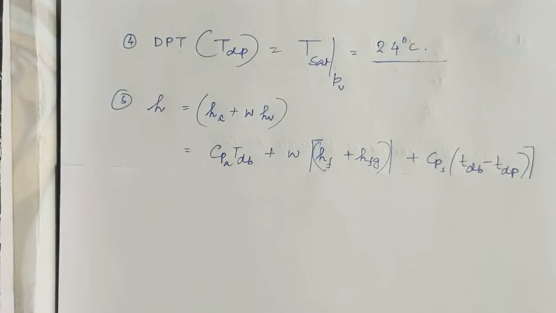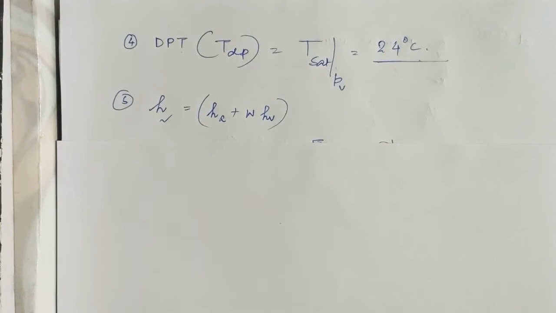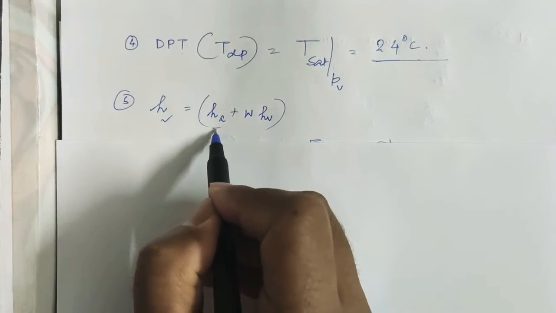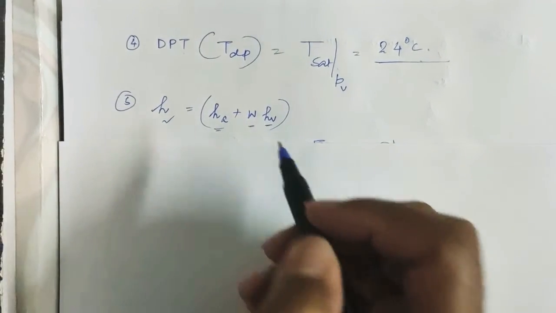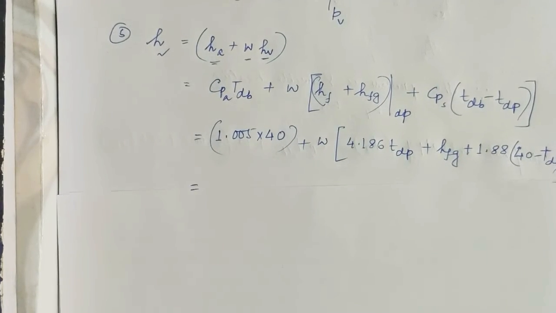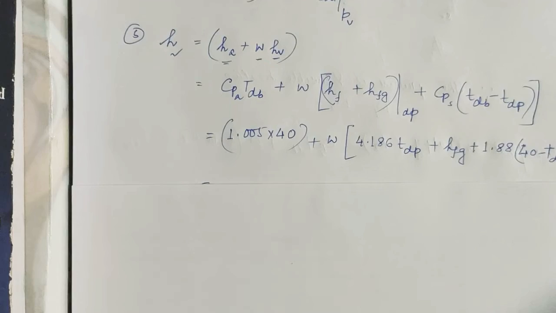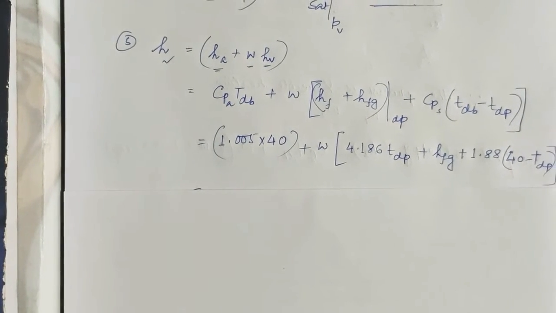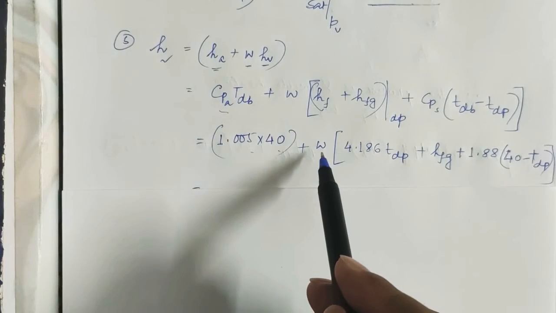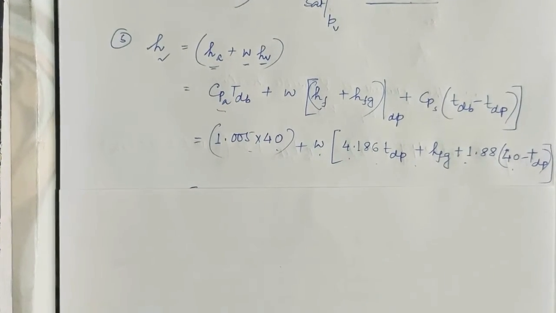And lastly, you have to find out the total specific enthalpy of the mixture. You know that the enthalpy of air is the enthalpy of dry air plus the enthalpy of water vapor associated with dry air. If we go through the derivation, the final expression is specific heat into dry bulb plus specific humidity into this value.